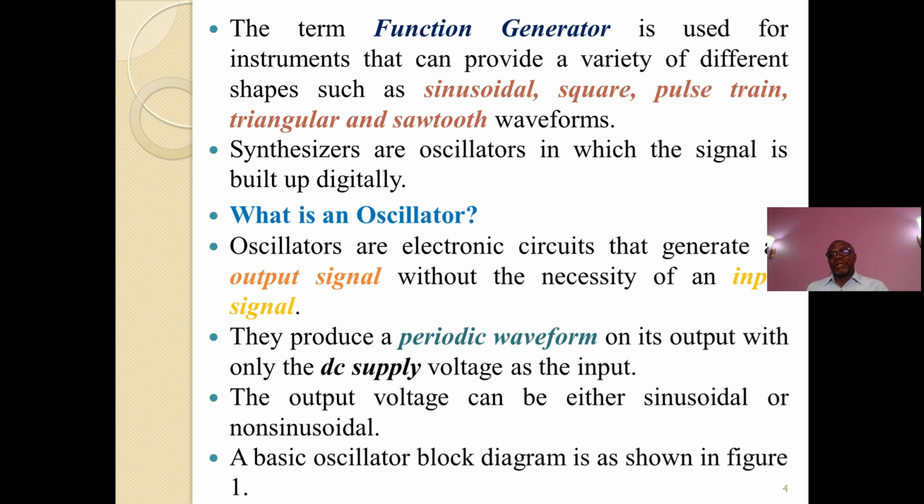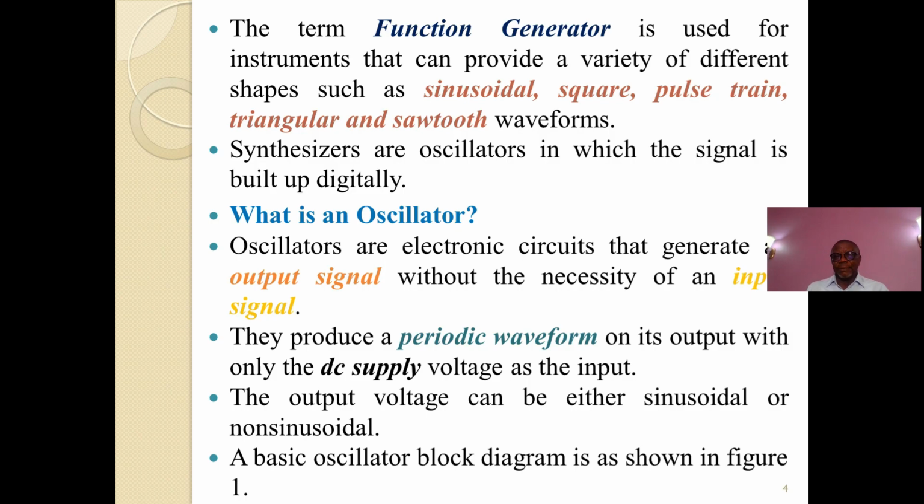Now, let's look more at what an oscillator is, because we said there are those circuits that really generate sinusoidal waveforms. Oscillators are electronic circuits that generate an output signal without the necessity of an input signal.